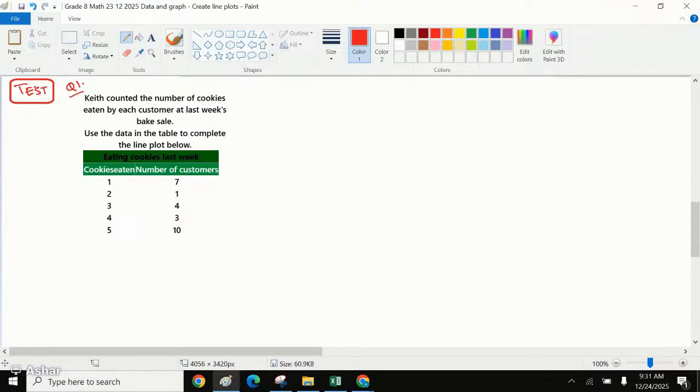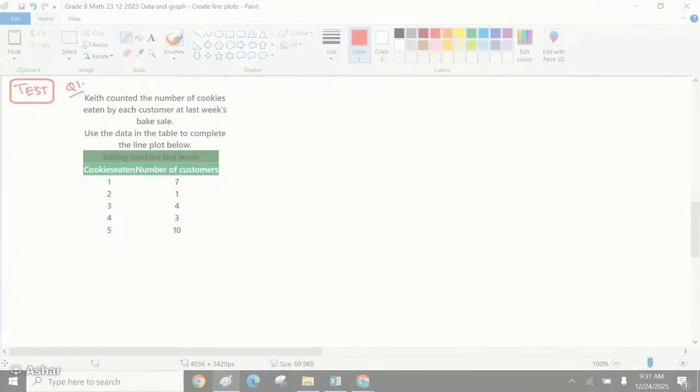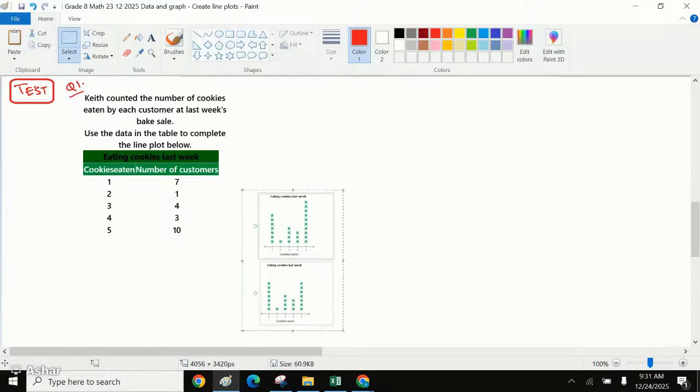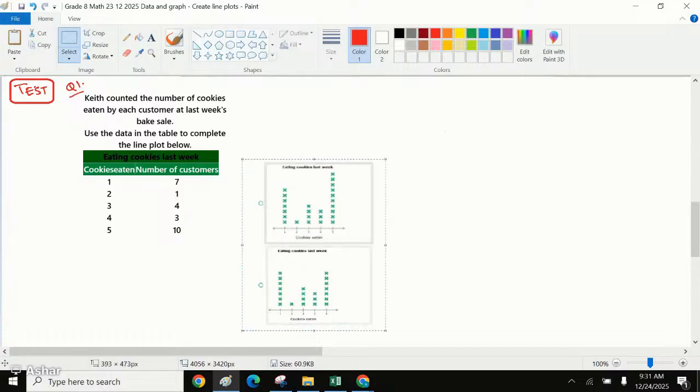So let's see which option should be the correct option. If these 2 options are given to us, option A and option B, let's space down these 2 options over here. Let's increase the size so that we have a better view. Let's say this is option A. Let's say this is option B.